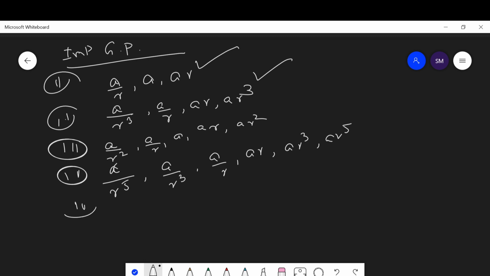Then the fourth point says that if three terms A, B, C are in GP, then B square is equal to AC.